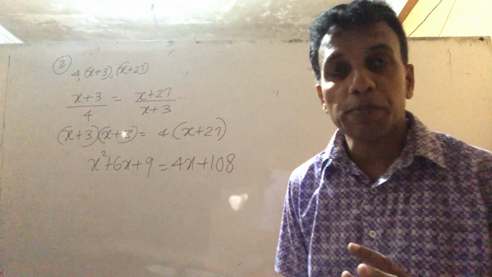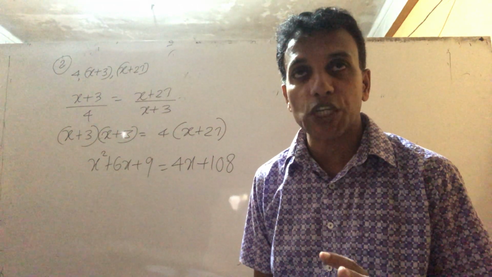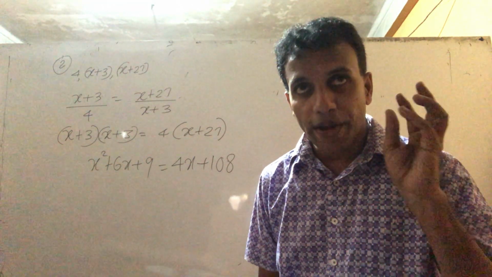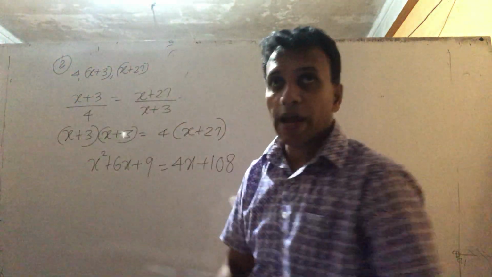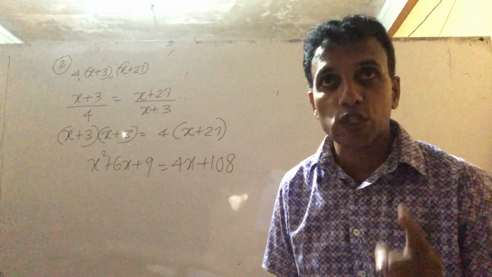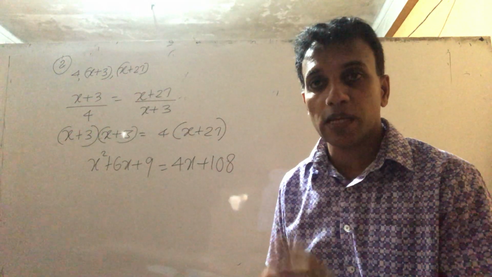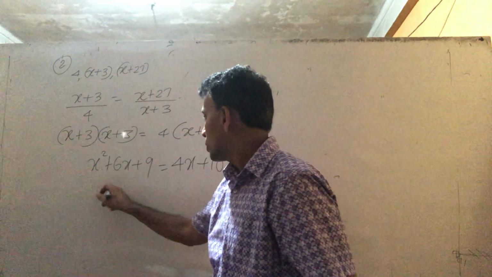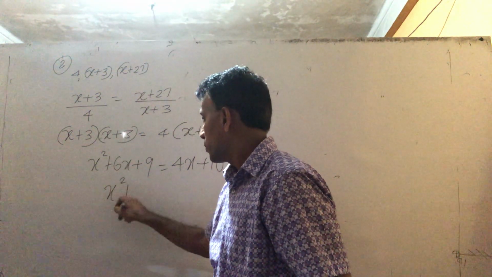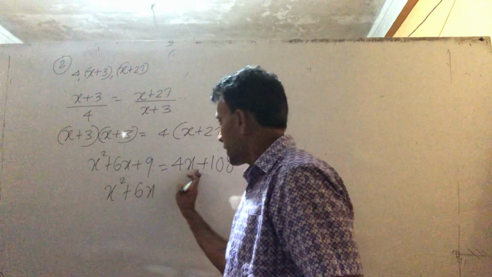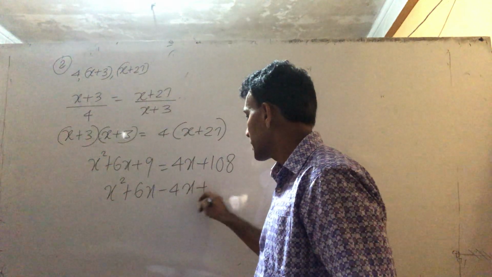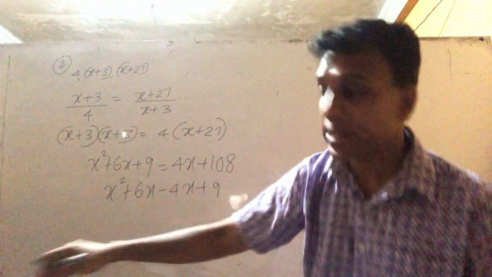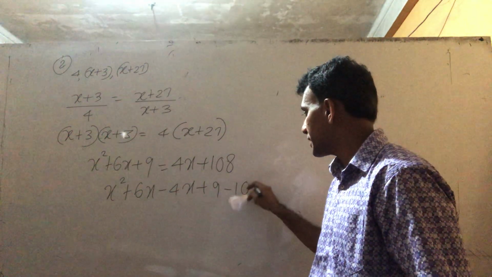See, as I mentioned, it will become a quadratic equation, your grade 10 idea of the quadratic. Take everything to one side and rearrange into the ax squared plus bx plus c equal to 0 form. So x squared plus 6x, take the 4x to that side, minus 4x, plus 9, take 108 to that side, minus 108.